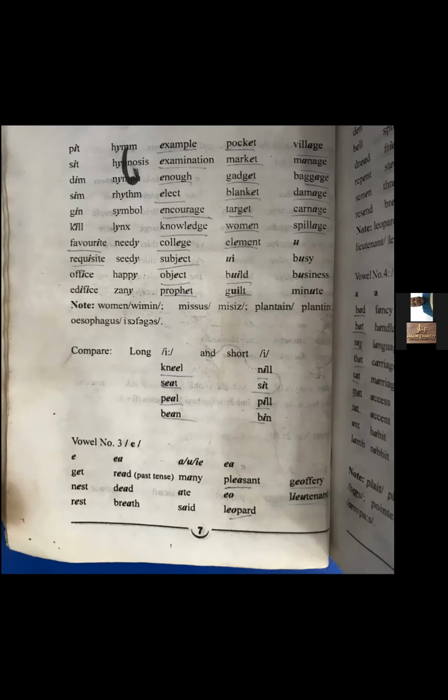Yes, and then we have it in many, and then in any, and then in said. Also, we have it in pleasant. We have it in leopard. Yes, with this example, stop saying the wrong pronunciation. Please, it is pronounced "leppard". Say leopard.